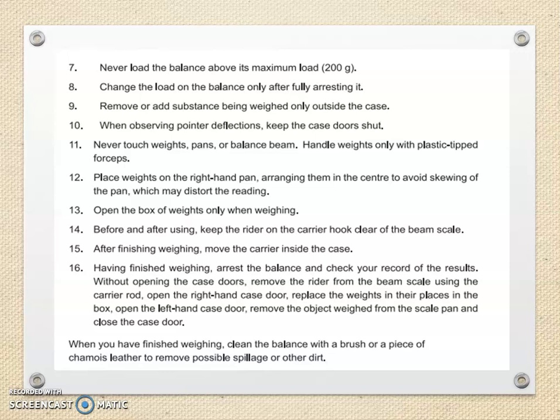Without opening the case door, remove the rider from the beam scale using the carrier rod. Open the right hand case door, replace the weights in their place in the box. Open the left hand case door, remove the object weighed from the scale pan and close the case door. When you have finished weighing, clean the balance with a brush or a piece of chamois leather to remove possible spillage or other dirt.